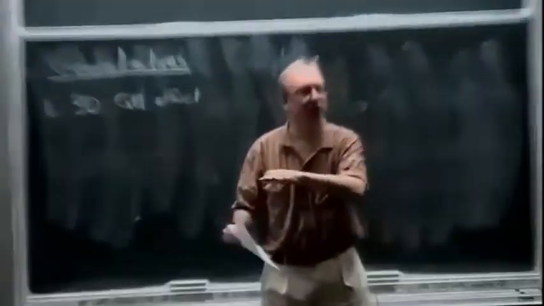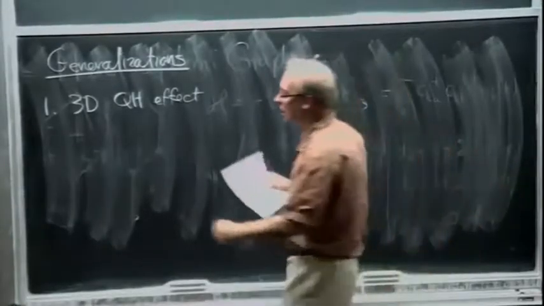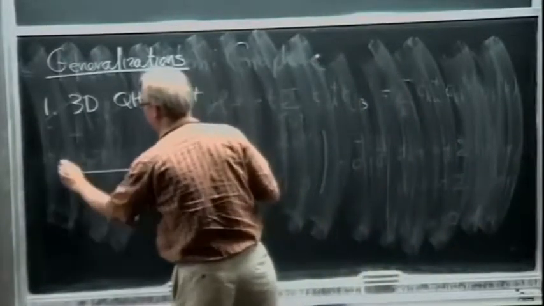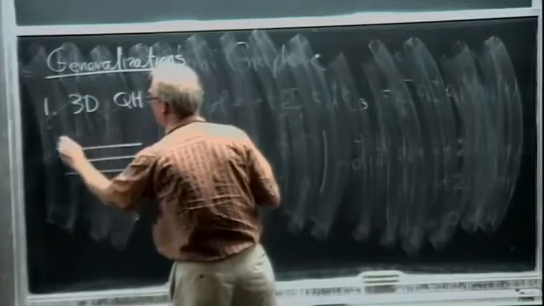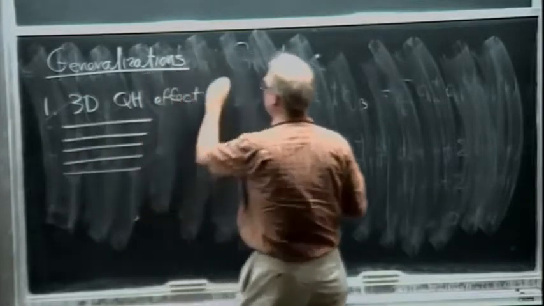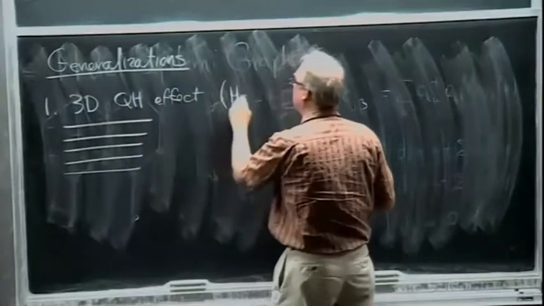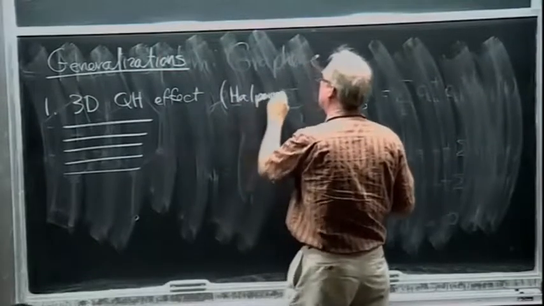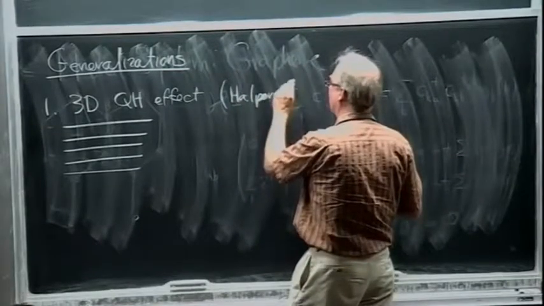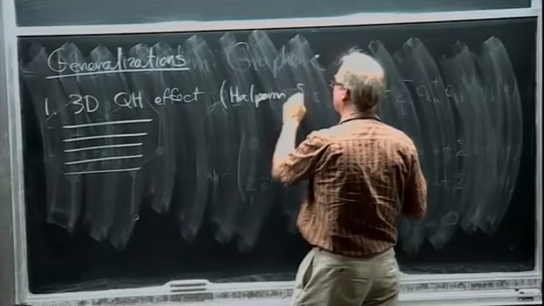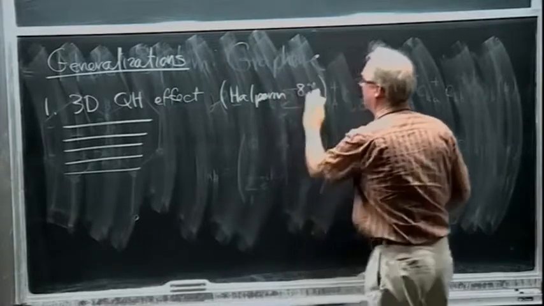It's kind of trivial. You can imagine building a 3-dimensional system up by just making a stack of 2-dimensional systems. This is something that was studied by Halperin back in the early 80s, maybe 83.